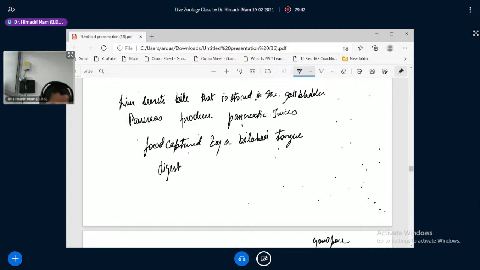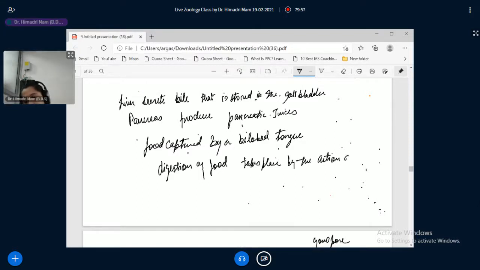Digestion of food takes place by the action of enzymes. Frog respires on land and in water in two ways.